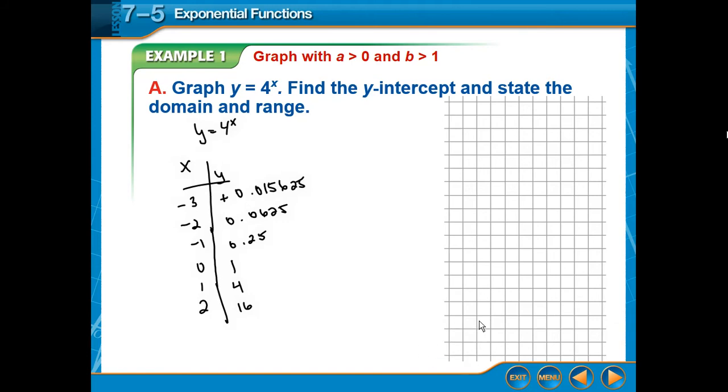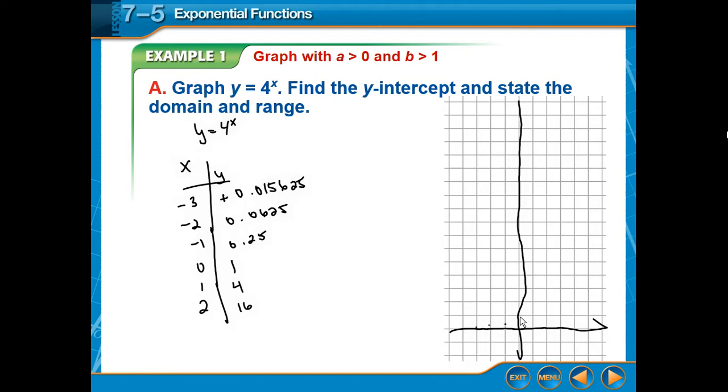Okay. So I'm going to take this, and I want to graph those points. Sorry, it's hard to draw on this. So -3 is super little, like in there. -2 is still super little. -1 is about 1/4 of the way up.